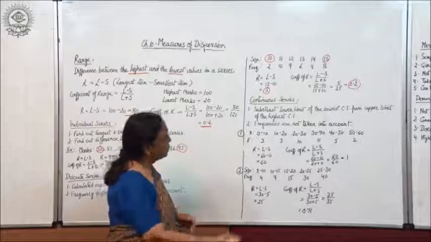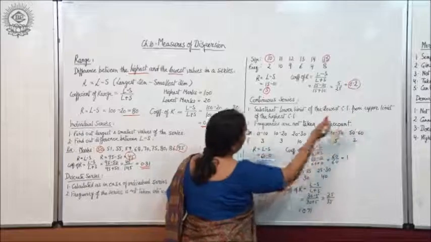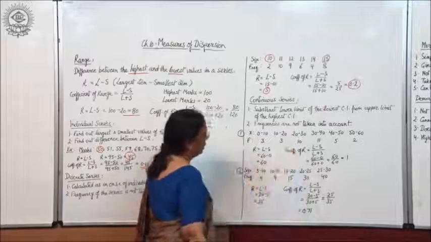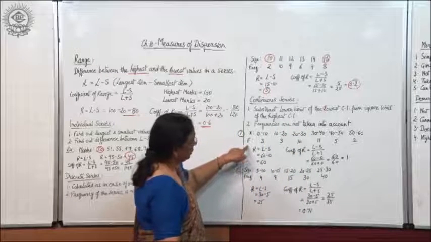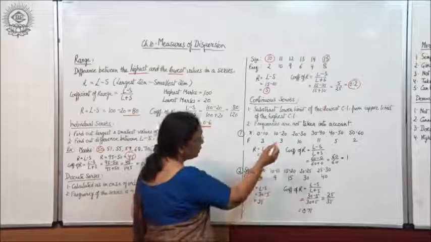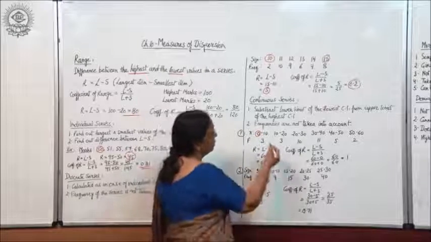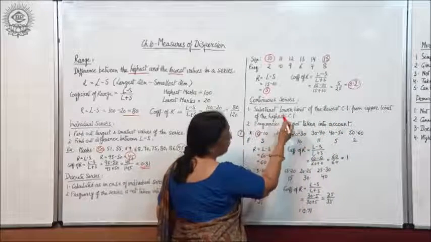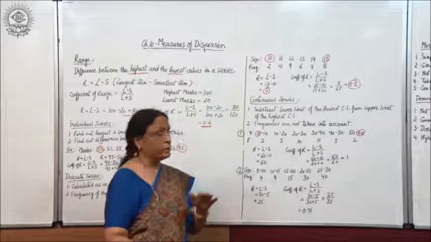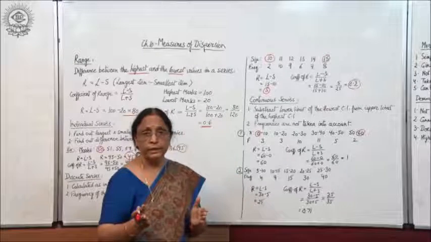Now, in the continuous series, subtract the lower limit of the lowest class interval from the upper limit of the highest class interval, and again frequencies are not taken into account. Now, x and f columns are given here. Subtract the lower limit of the lowest class interval. Which is the lowest class interval here? This is 0, from the upper limit of the highest class interval. What is the highest class interval? The highest class interval is 50 to 60, and the upper limit of this highest class interval is 60.